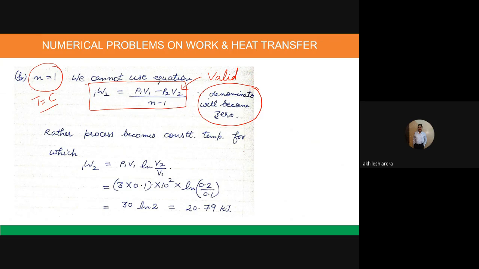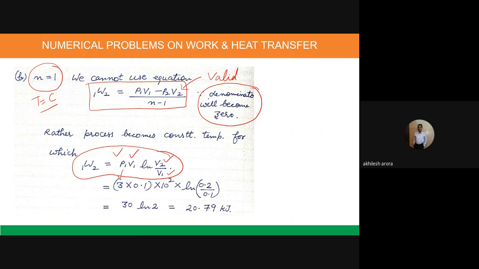So rather than using this equation, we should use the basic principles, and using the basic principles we know that the value of work transfer is given by this particular equation for a constant temperature process. So once again I know the values of pressure P1, volume V1, and V2 is also known to me, so I can easily calculate the value of the work transfer.